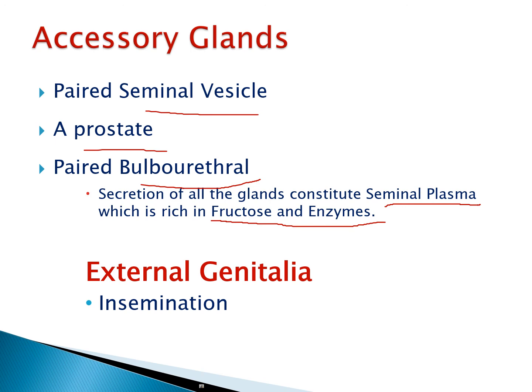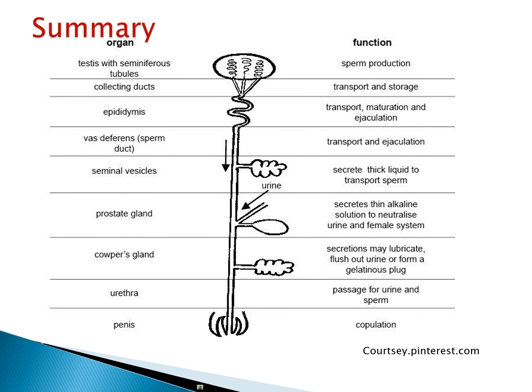Now let's have a quick revision of this. In this you can see the organs which are associated with the male reproductive system, and here is the function of these organs. We started with the testes where the sperm formation takes place. Then there are the collecting ducts like rete testis, vasa efferentia, vas deferens. The function is the storage and the transportation.